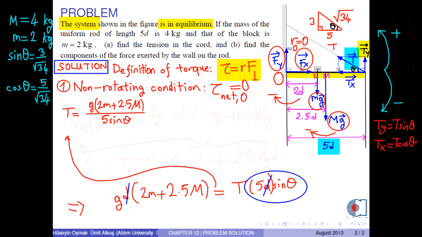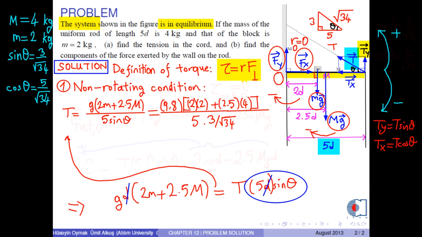Now we put the numerical values into the corresponding places. Therefore, the tension in the cord is found to be 53.334 newtons, or approximately 53.3 newtons.